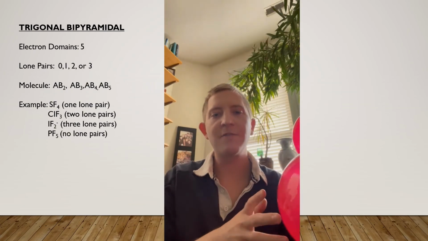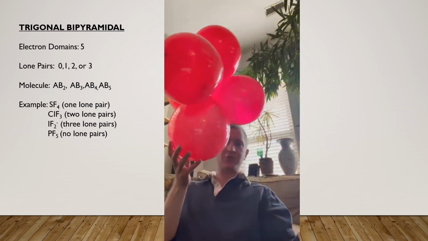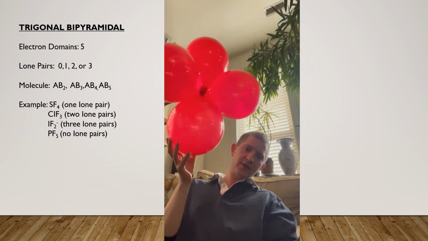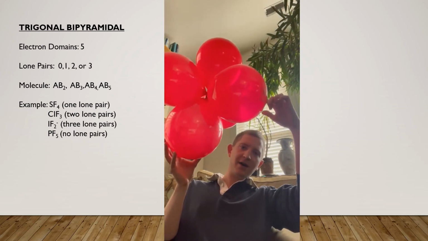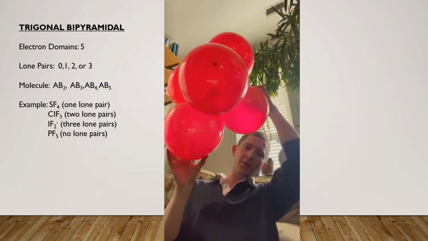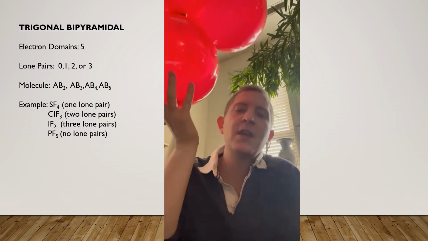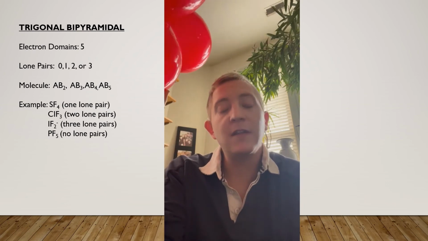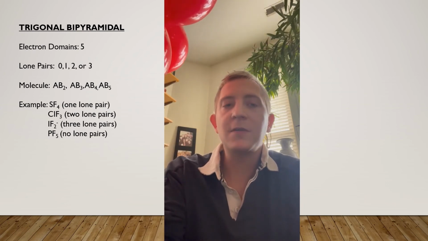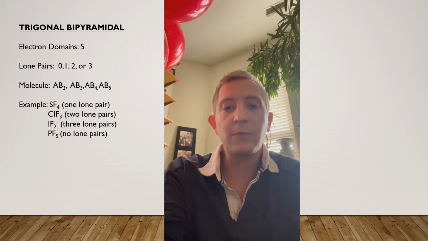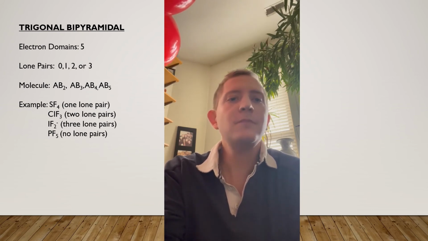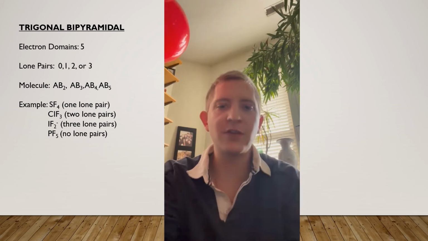All right, next we have our trigonal bipyramidal geometry. So we've got this structure here. You see we have a total of 5 domains here. So we have the 3 here, and then 1 on top and 1 on bottom. With this type of geometry, there are 5 domains, so that means that there can be either 0, 1, 2, or 3 lone pairs. Actually, let's start with the molecules first.